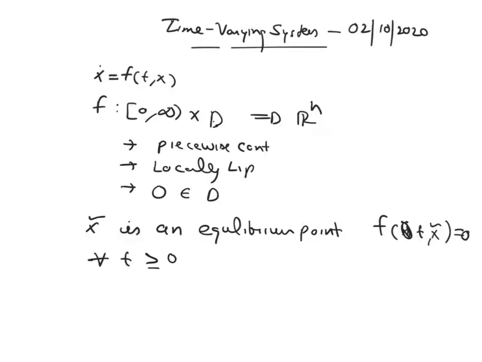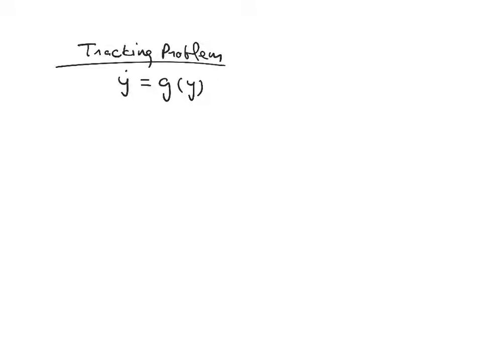So let's say a tracking problem. We have y dot equals g of y, some nonlinear function. The state is y, and suppose that we would like to track a trajectory, given by some y desired of t, a desired trajectory.